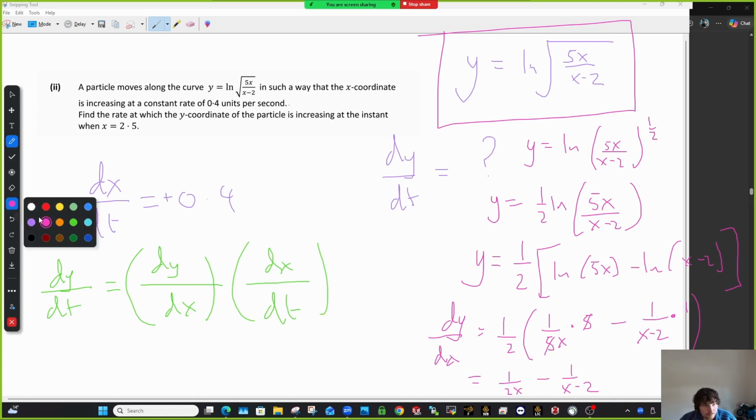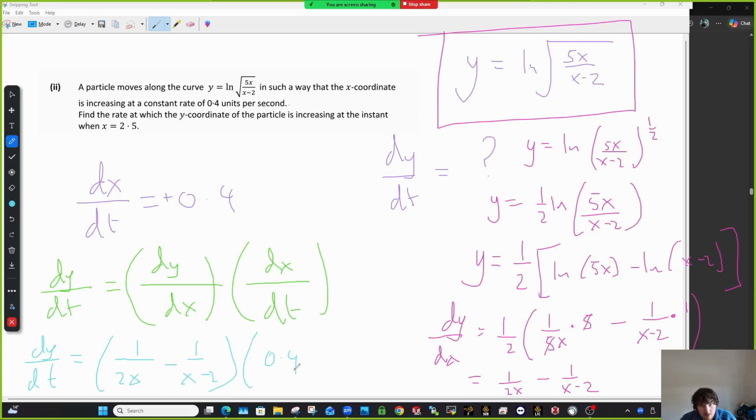So obviously we'll sub that in for the examiner. dy/dt equals dy/dx, which we got here, which is 1 over 2x minus 1 over x minus 2, and then times 0.4, and we were told when x is 2.5. So a new line, if you had room for it, I don't, so I'll just do my new line here as well.